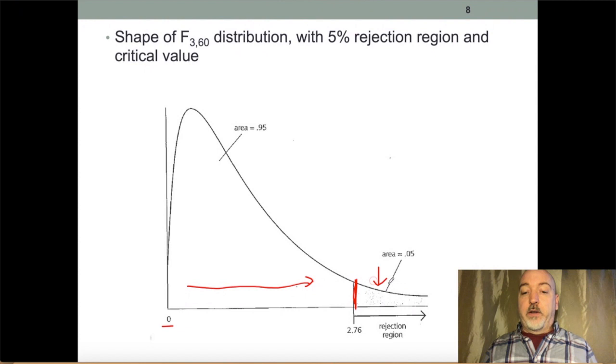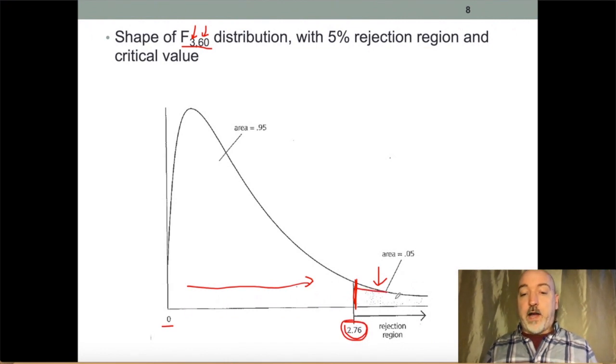Well, that's going to depend on the critical value, right? So for example, if our number of restrictions, the numerator degrees of freedom, is 3, and the n minus k minus 1, the denominator degrees of freedom, is 60, this would be what our distribution looks like, and our 5% significance critical value would be 2.76.